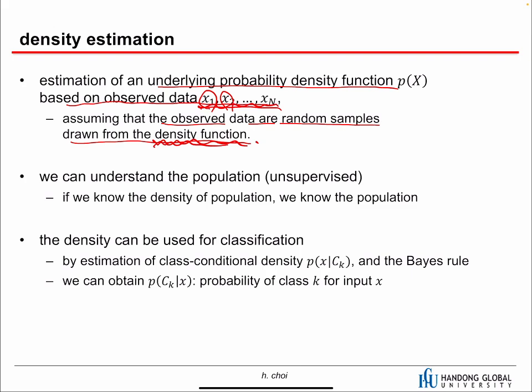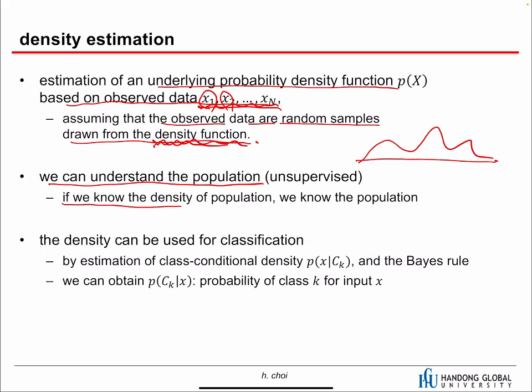This is a strong assumption. With density estimation, we can understand the population. For example, if we have a distribution of age in the population of our country, then we can understand the population in terms of age. If we have a distribution of weight or height, then we can understand the population in terms of height or weight.